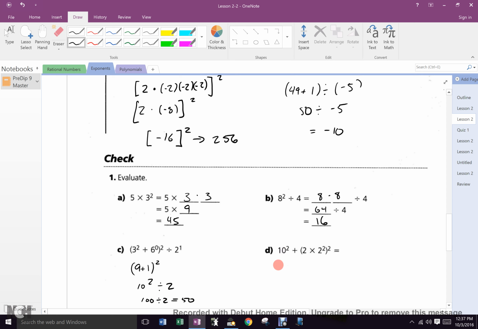What about here? 10 squared plus 2 times 2 squared. So that is 2 times 4 squared. 10 squared plus 8 squared. 100 plus 64. 164. Don't go to your calculator until you need to. And there is no reason to at all. Do you understand?